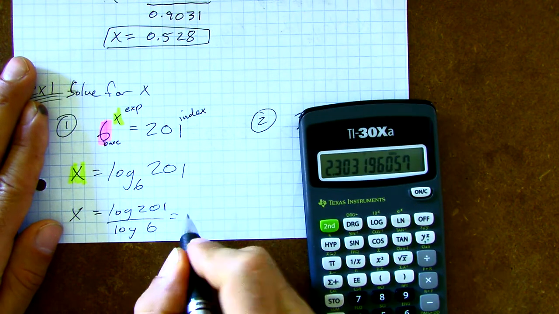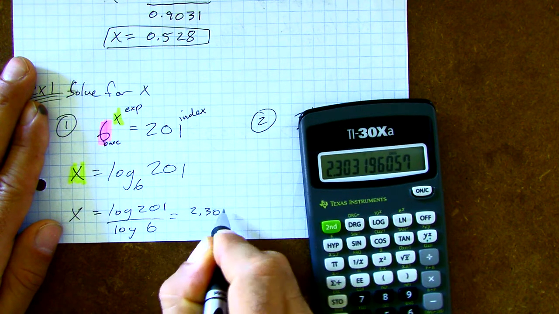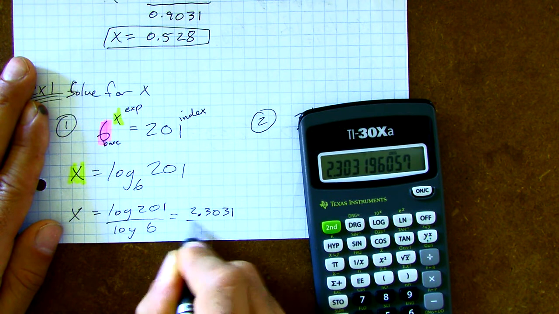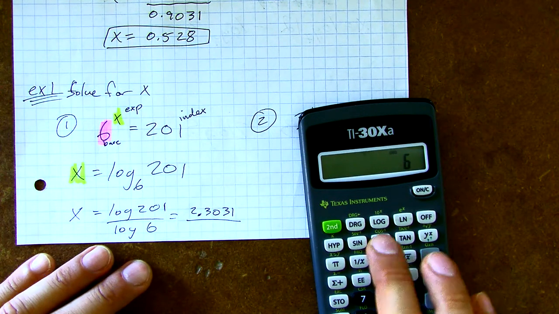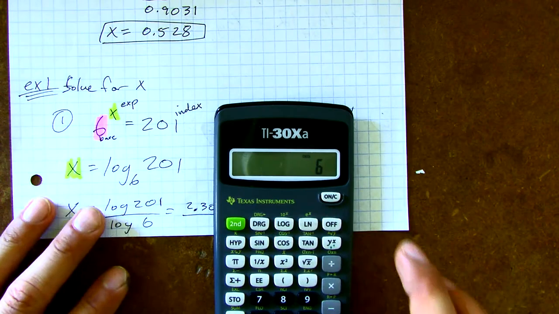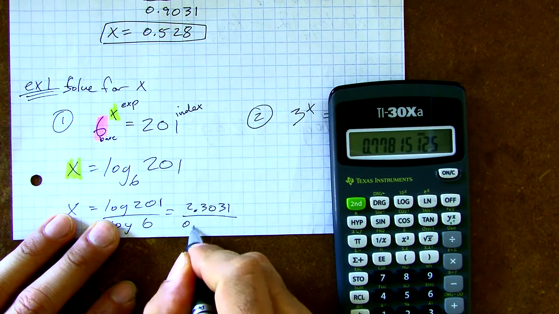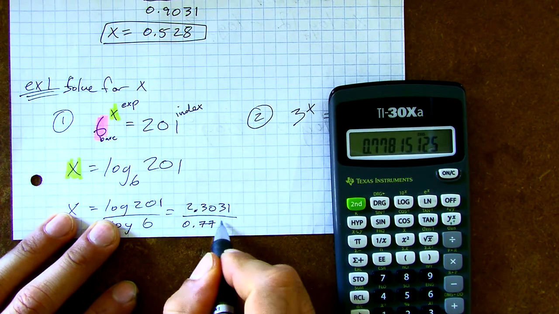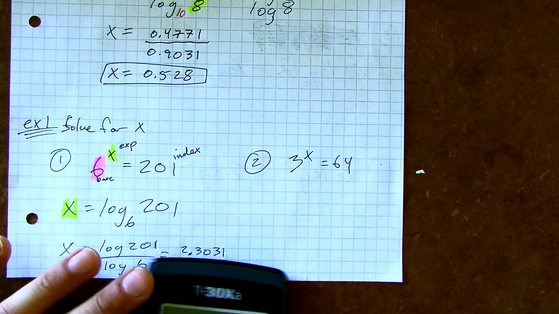Okay, so we have log 201 is 2.3031, and that's going to be divided by log of 6. So I put 6 in there, and then log button, and that's going to be 0.778182. So I keep as many digits as I can. I think I actually rounded the other one wrong, didn't I?